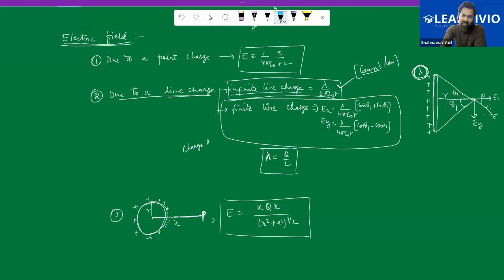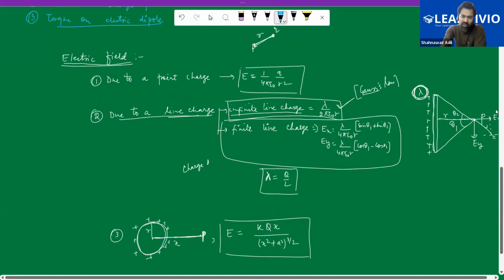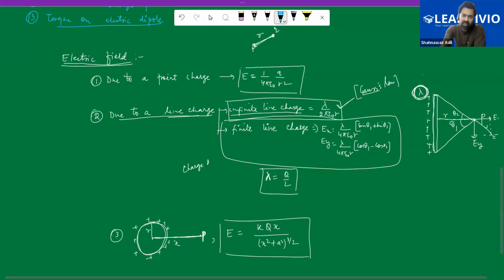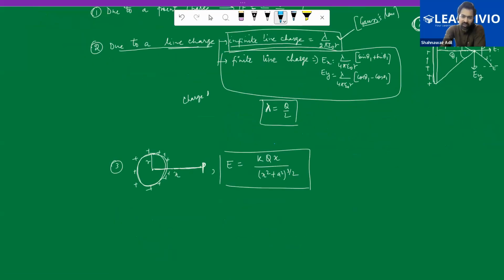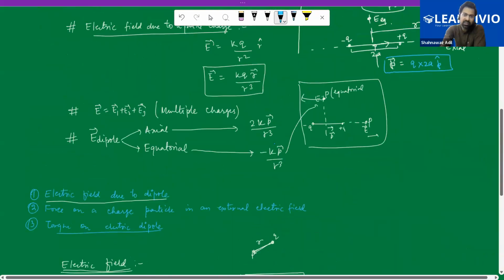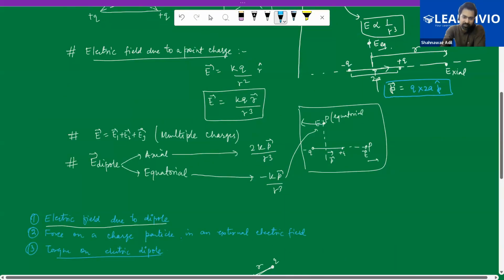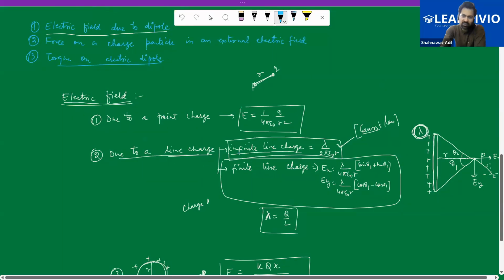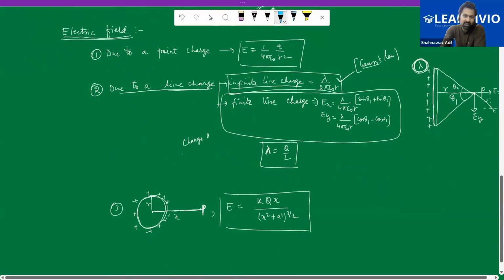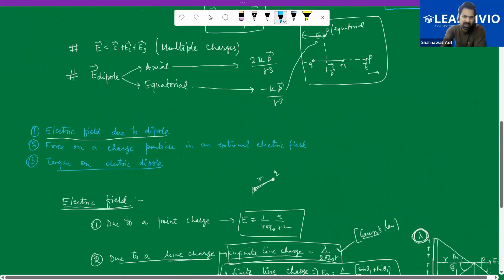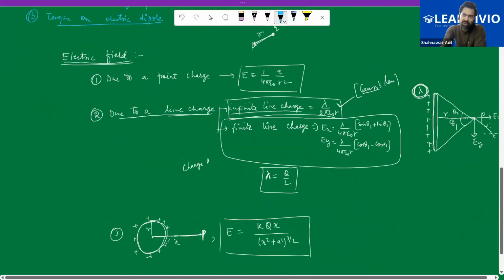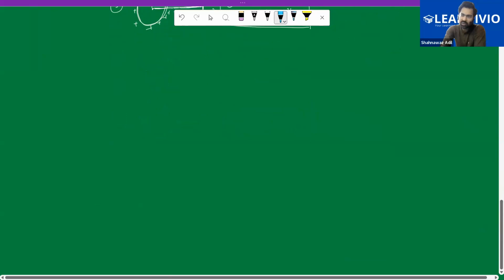For line charge, you don't have to remember the finite line charge. You have to remember only the infinite line charge, and that part we'll study later. Okay, good. Now we have understood the idea of the electric field due to different systems. Now we'll do certain questions.